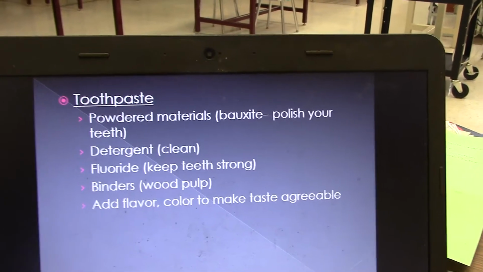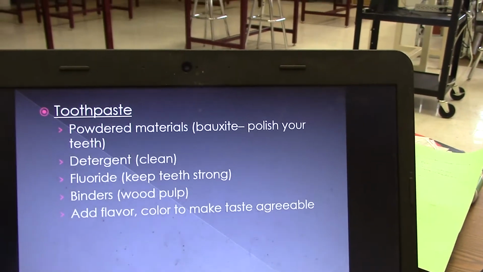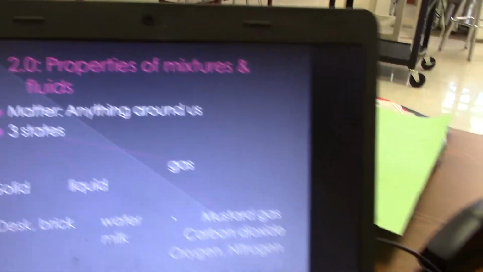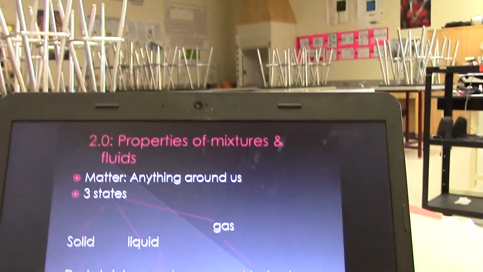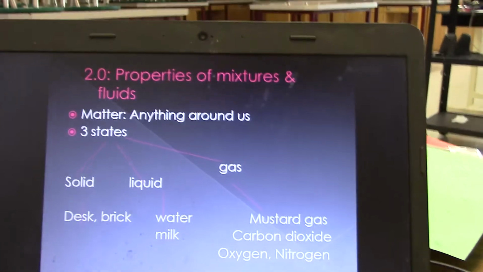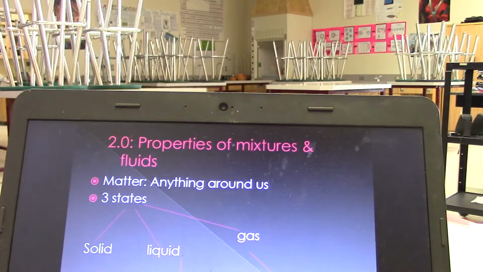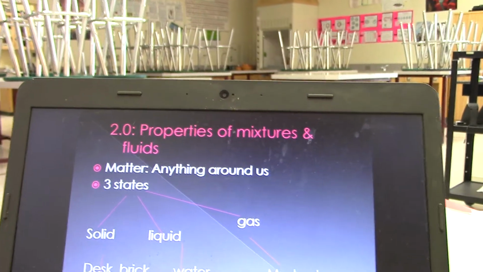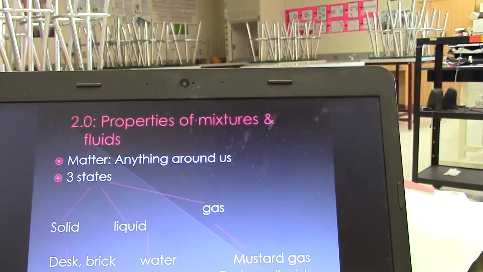This is the example in your textbook. That's all we're really going to talk about with that section, just introducing yourself to fluids. It would be good if you read, like I said, pages 13 through 16.